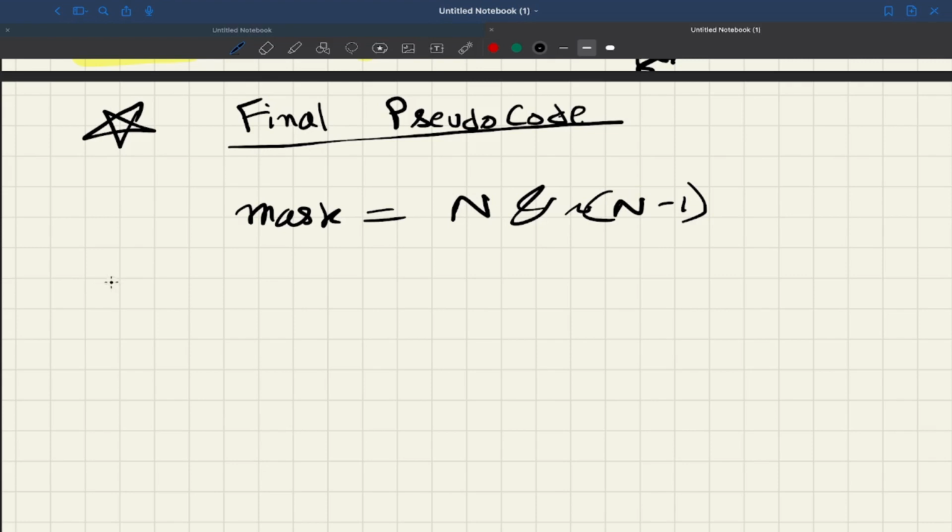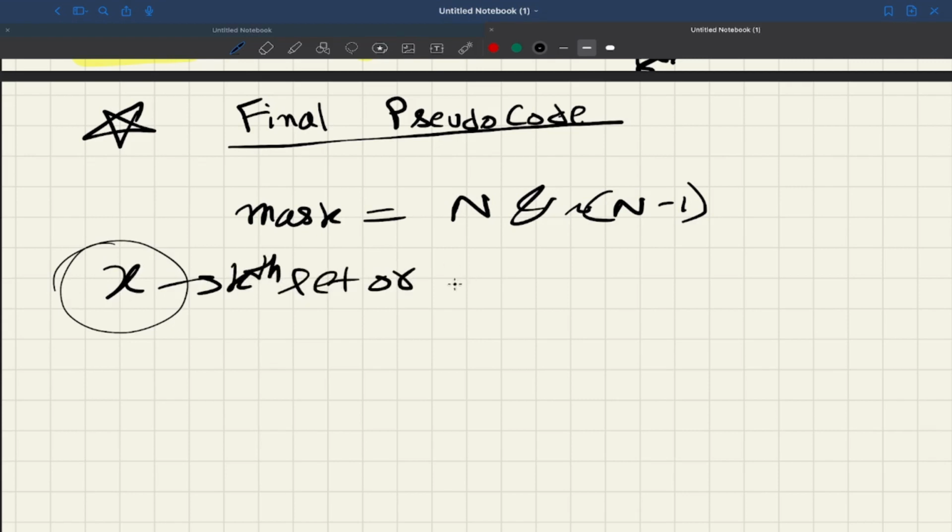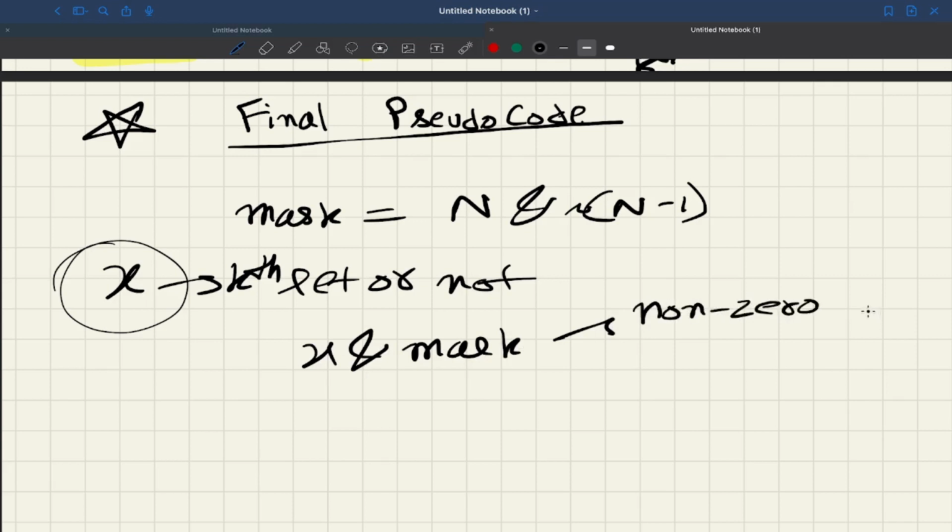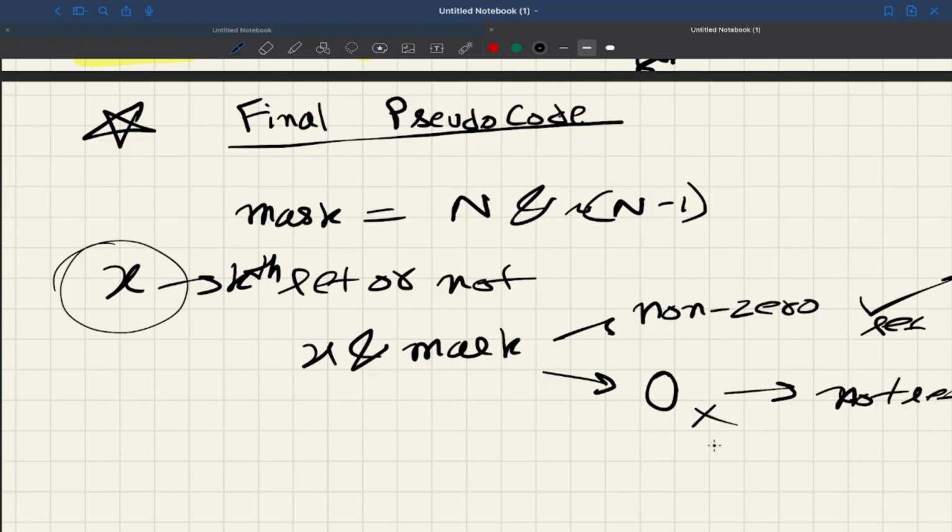So to check if this number x has the kth bit set or not, just take AND of x with mask. If I get a non-zero value, then it means the kth bit is set. If I get a 0 value, then this means the kth bit is not set. Okay.